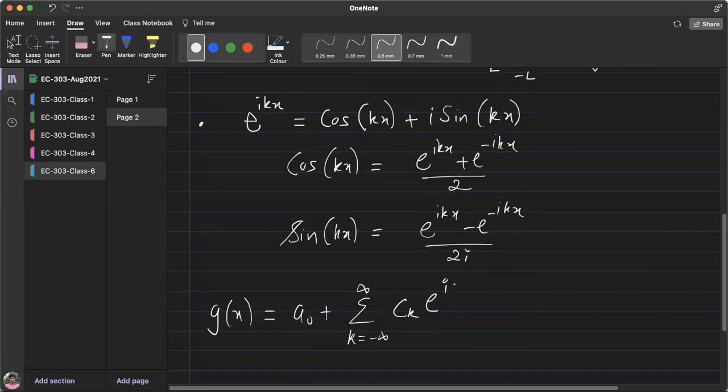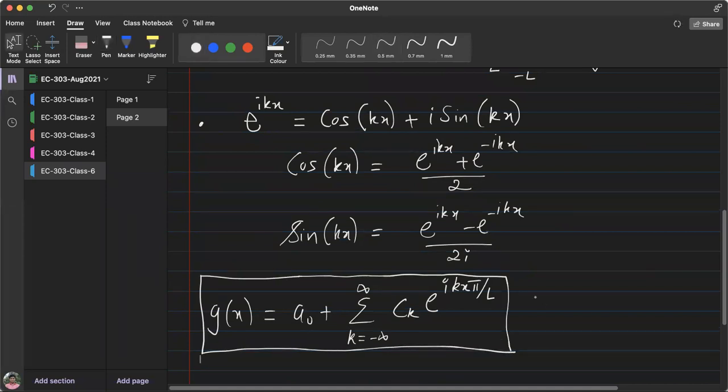I have just changed the indices from n to k. Please bear with me on that. So you can write it in a compact form. This notation is also the Fourier series, exactly the same as the one I wrote previously, except this helps me write it in a more compact form.